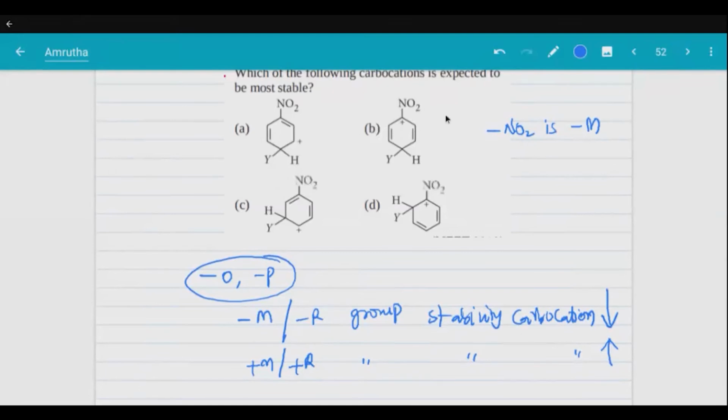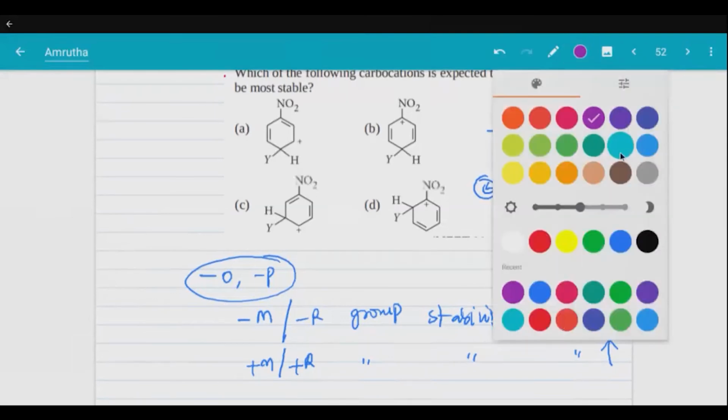So let me write B, the expanded structure. I'm writing B. This is the B option. Let us see. This is N plus O2. If you write NO2, there is a positive charge on nitrogen. So look at this carefully.